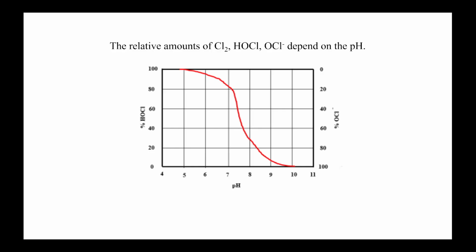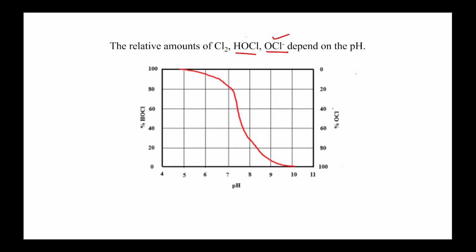So when we add chlorine in water, it can form hypochlorous acid, which is the protonated form, or the deprotonated form, the hypochlorite ion. This relation is pH dependent. When we keep on increasing the pH, slowly the hypochlorous acid starts decreasing and the hypochlorite ion concentration starts increasing.